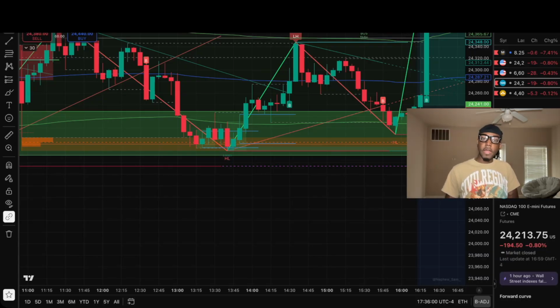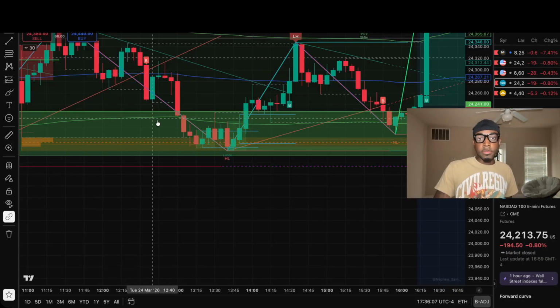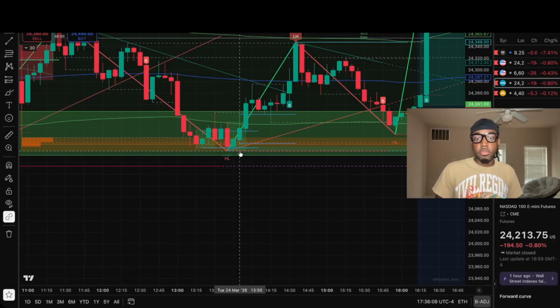It gives me that $75 more of a buffer. So I have a 275 fixed stop loss and a 400 take profit. Sometimes a 200 stop loss. It just varies on the trade I'm taking, honestly, and which one is the better setup.